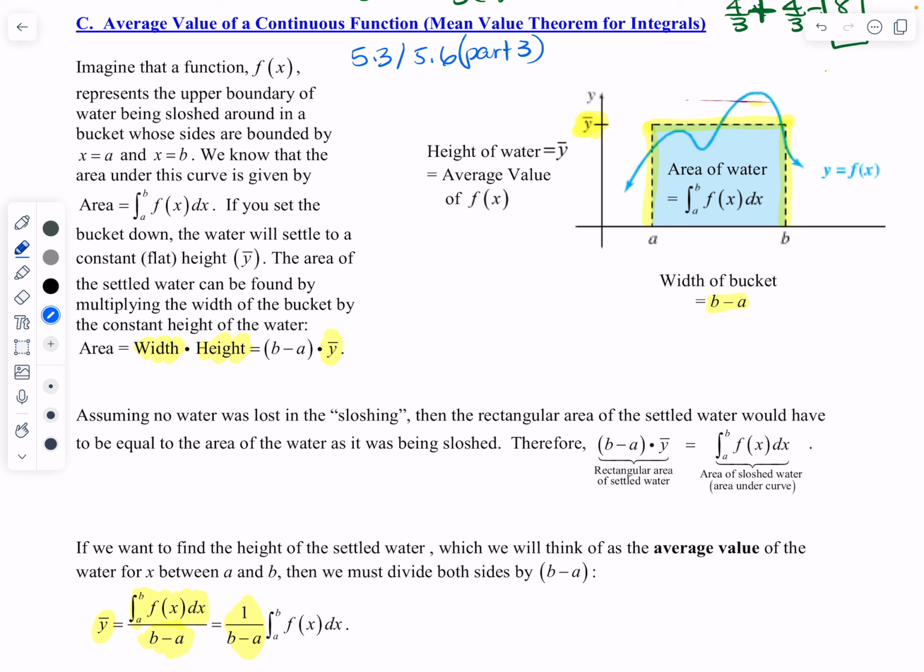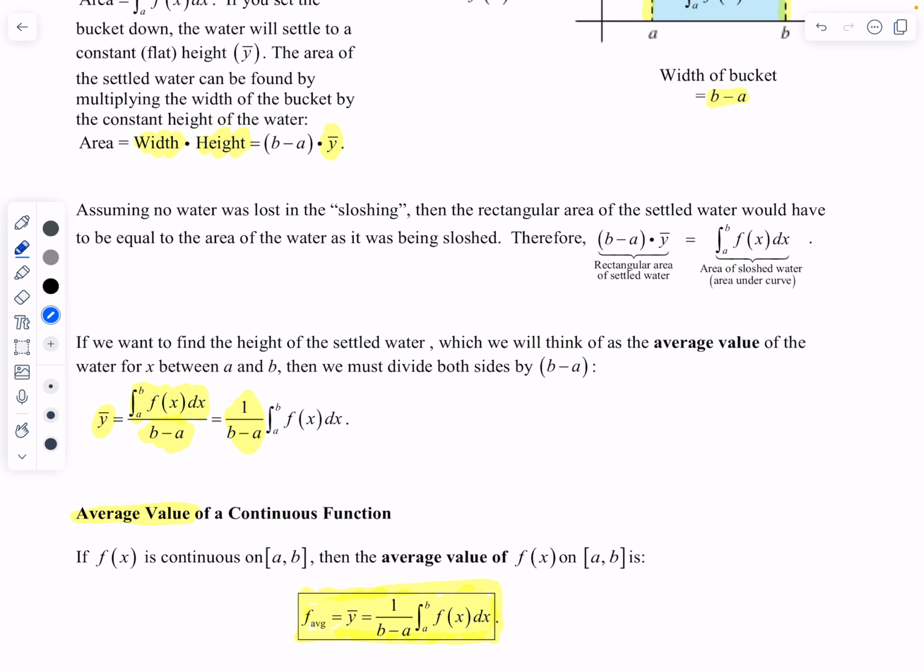If we want to find the height of the settled water, which we think of as the average value, then we can isolate y bar by dividing everything by b minus a. So that's how I got the integration from a to b of f of x dx over b minus a, or we can say 1 over b minus a, the integration from a to b of f of x dx.